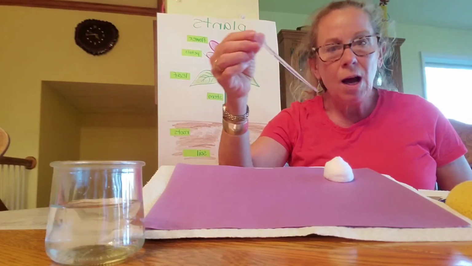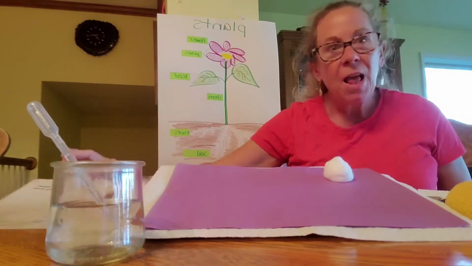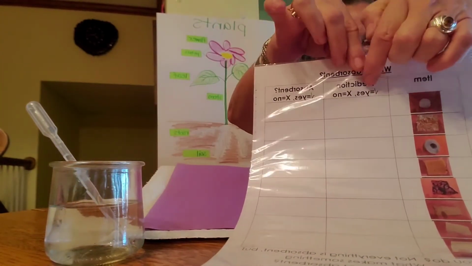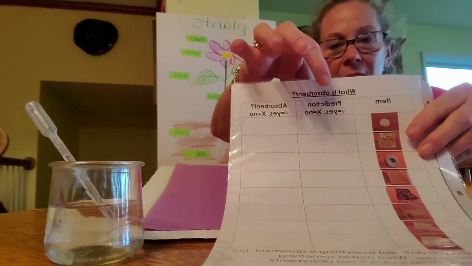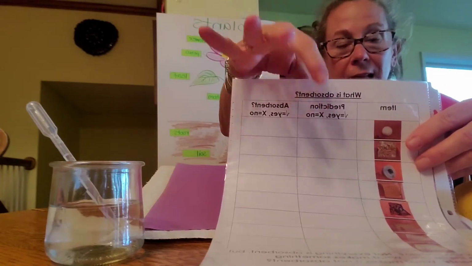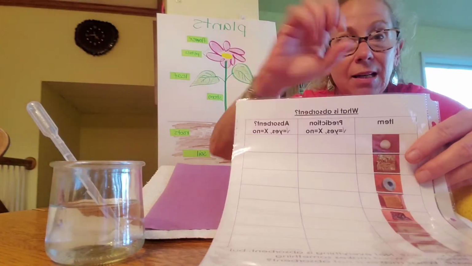But let's see if our cotton ball will absorb water. But first, let's make a prediction. There's the word prediction. And if we think it will absorb water, we're going to put a check mark for yes. If we think it won't absorb water, we're going to put an X for no.